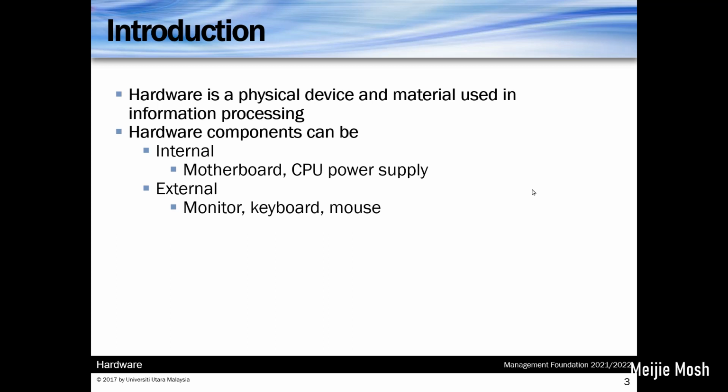Examples of the internal components are a circuit board that operates within a personal computer or a laptop, including the motherboard, graphics card, central processing unit, ventilation fans, power supply, and so on. For example, random access memory, network card, sound card, video card, modem, CD drive, DVD drive, hard disk drive.